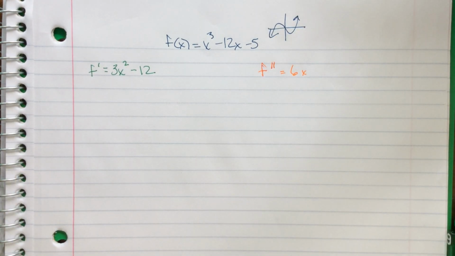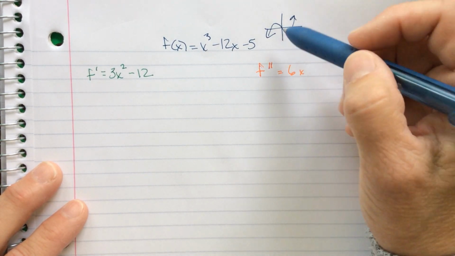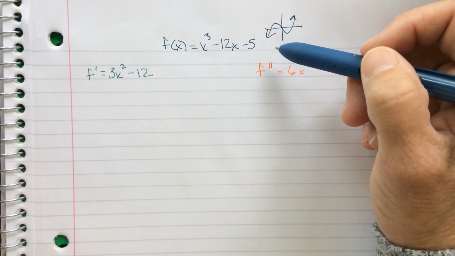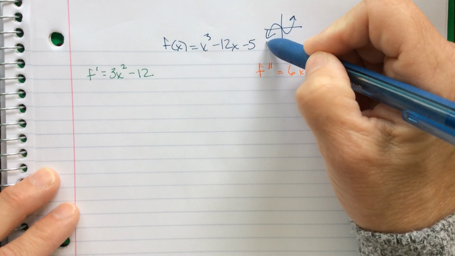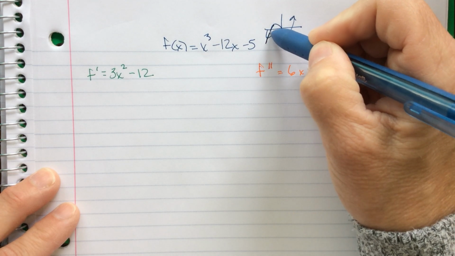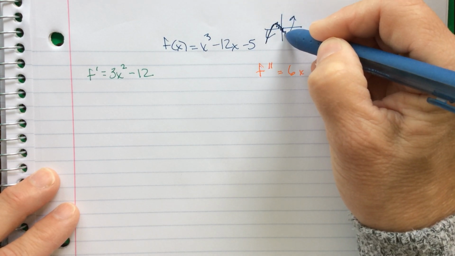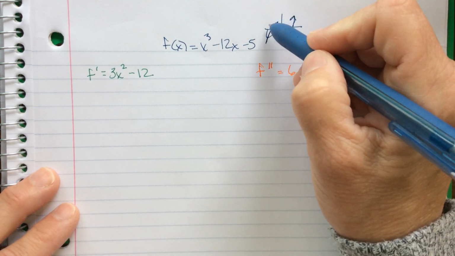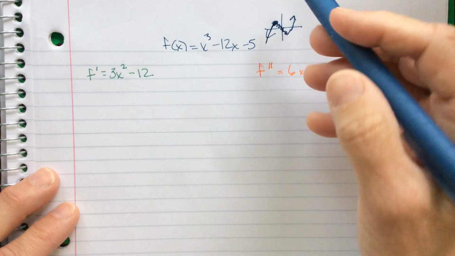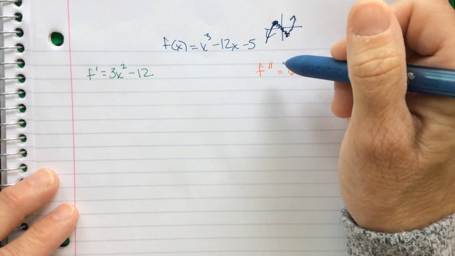What we're going to do is figure out exactly on what interval this function increases, decreases, increases again, and I also want to know where the local maximum and local minimum are.